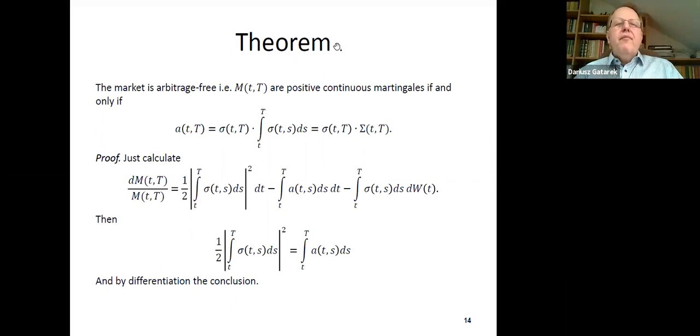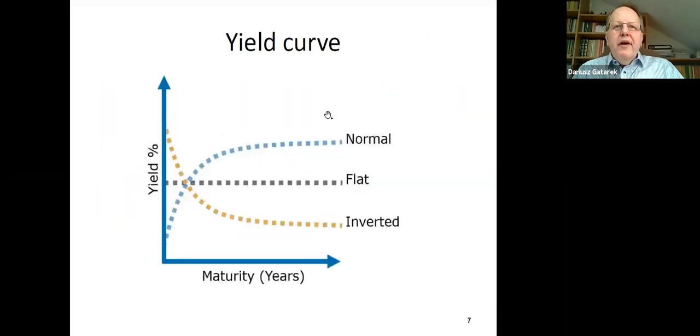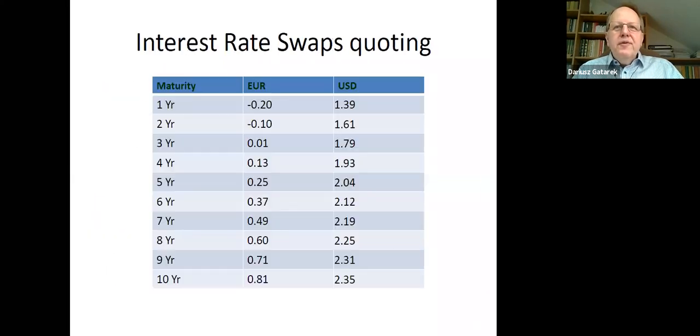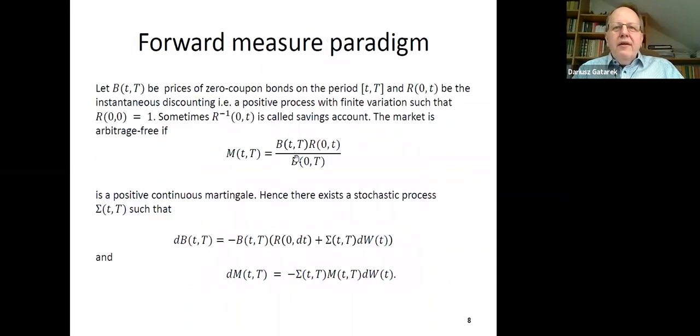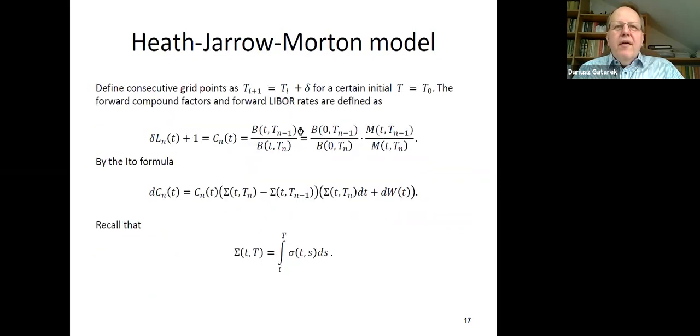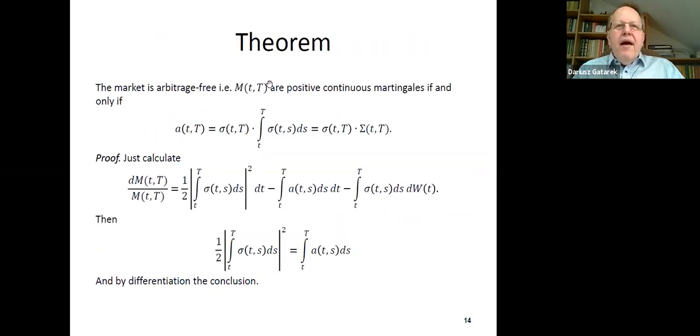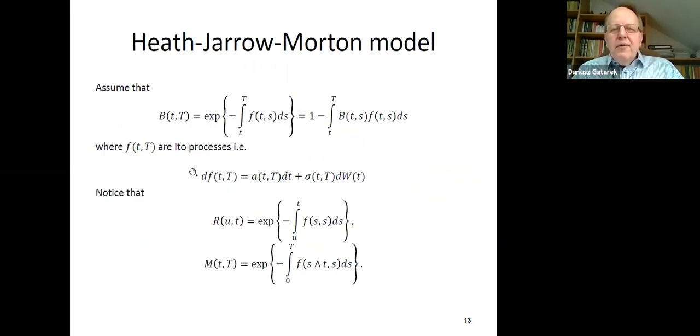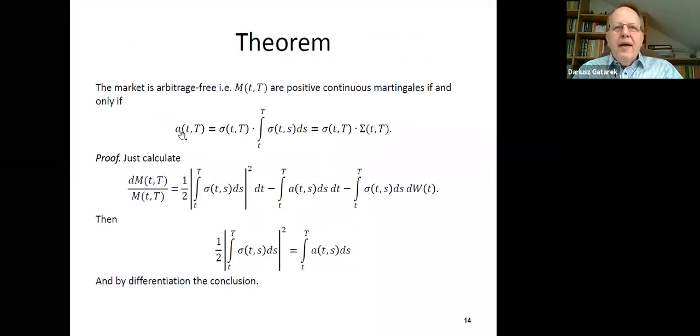So the market is arbitrage free. Let me remind you the definition here: the market is arbitrage free if that term is a positive continuous martingale if and only if the drift term in the Ito differential has that strange formula.